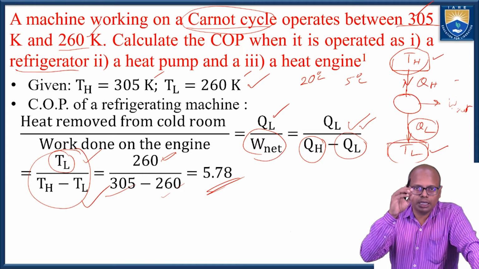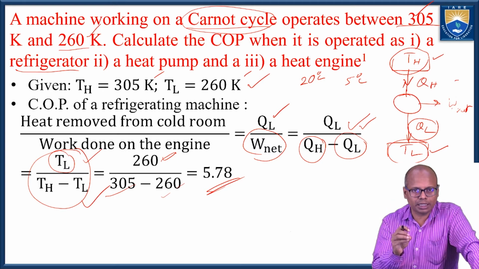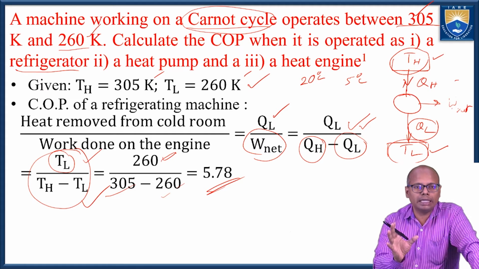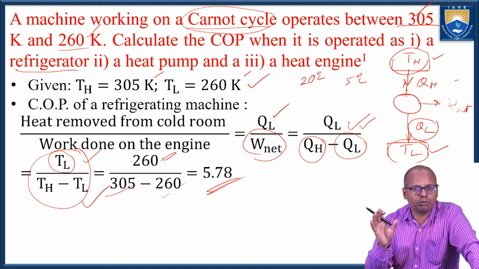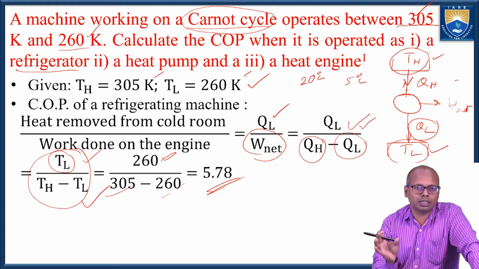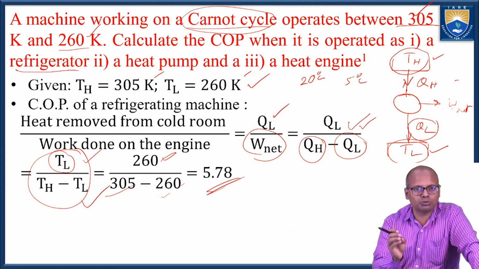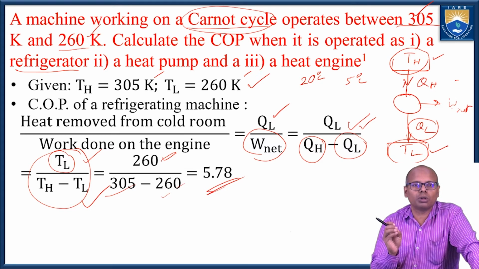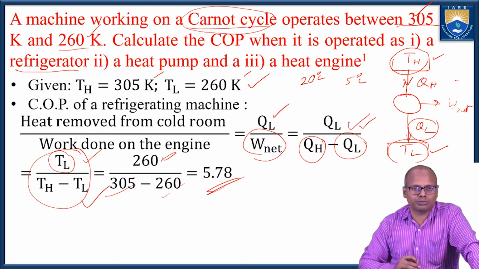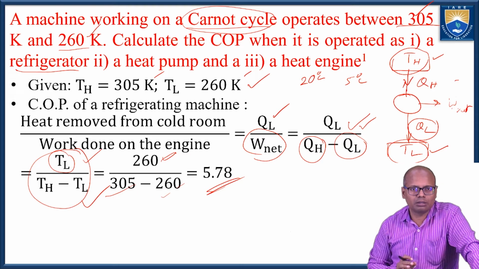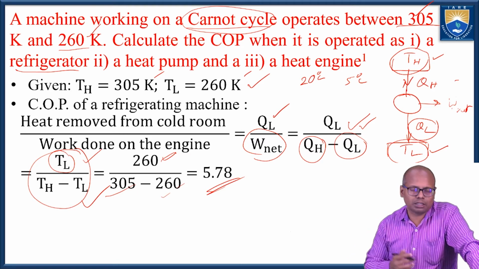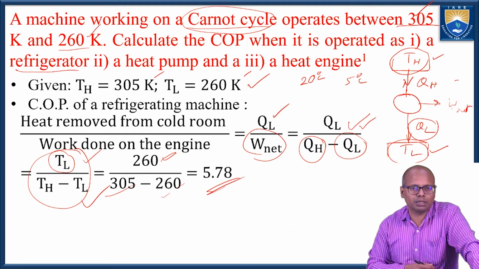So if it is a refrigerator, the numerator is the amount of heat taken from the cold room, the cold space. The amount of heat that is extracted from the place which is to be maintained cooler than the atmosphere, because we are giving heat to the atmosphere.